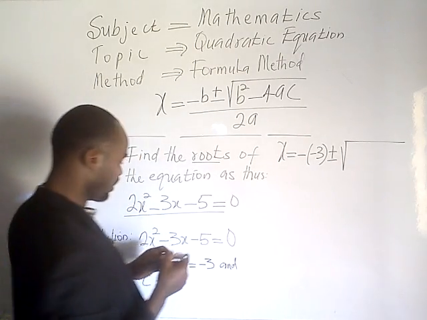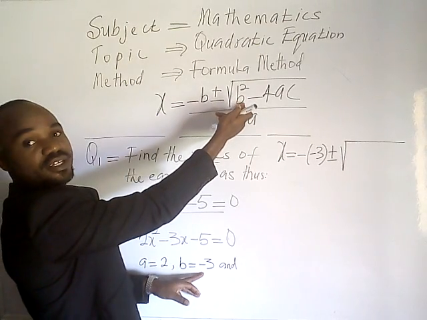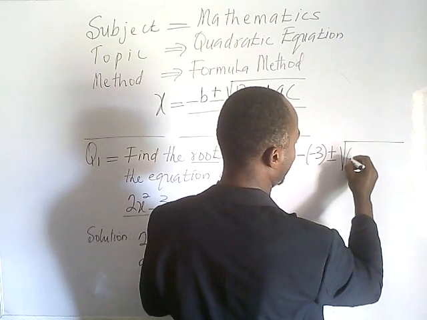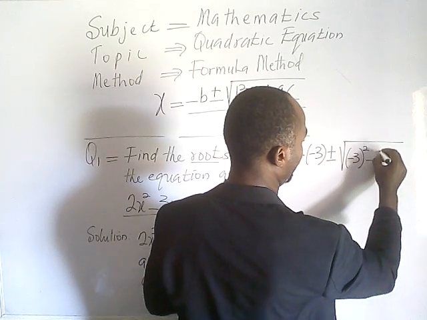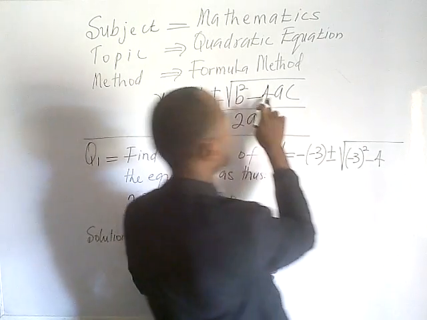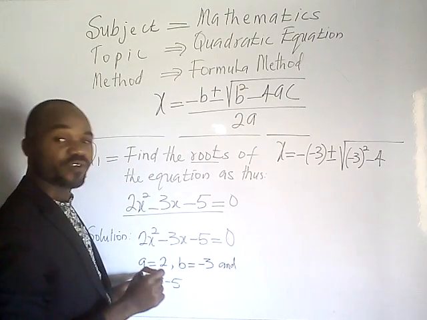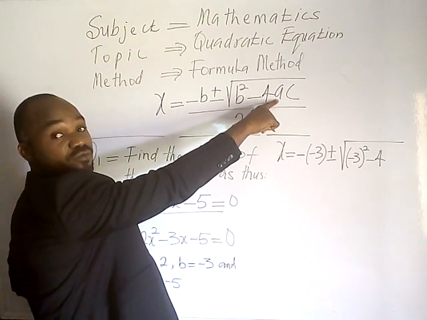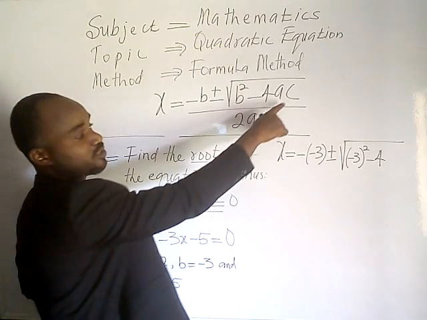So for b squared, the value of b is minus 3, so it has to be squared: bracket minus 3 squared, minus 4, which is in the formula. The value of a is 2, so we substitute 2 in place of a and minus 5 in place of c.